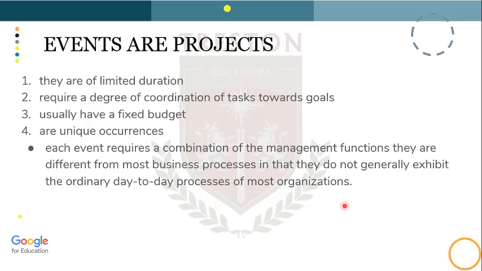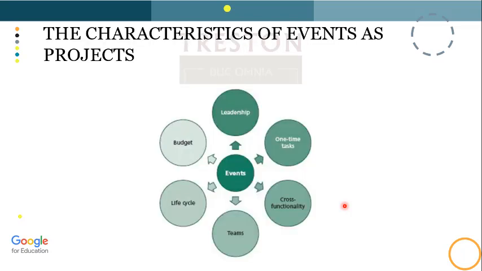They usually have a fixed budget and unique occurrences. So each event requires a combination of the management functions. They are different from most business processes in that they do not generally exhibit the ordinary day-to-day processes of most organizations. So they're very unique.